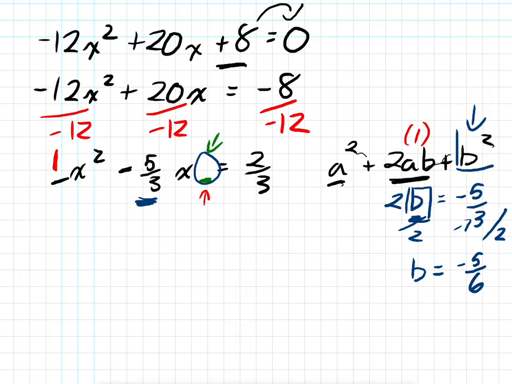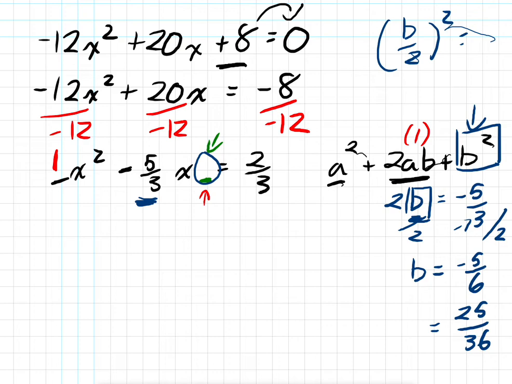But remember, we're looking for b squared. This is really similar to when we were completing the square, that b divided by 2 squared. That's what we're trying to find here. We've taken that b term and we're putting it through this process. So when I square this, it's going to become positive, and we get 25 over 36.